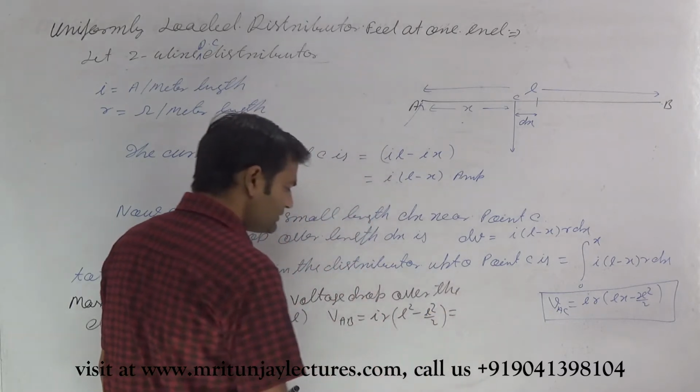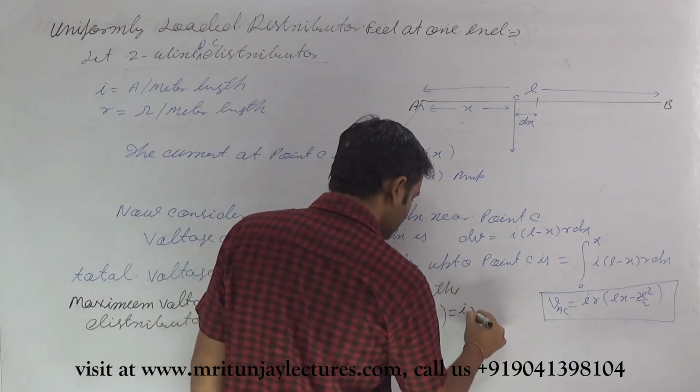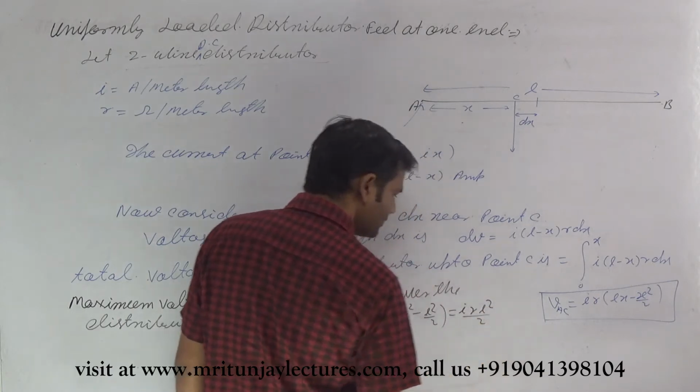So it is written as IR into L square by 2.